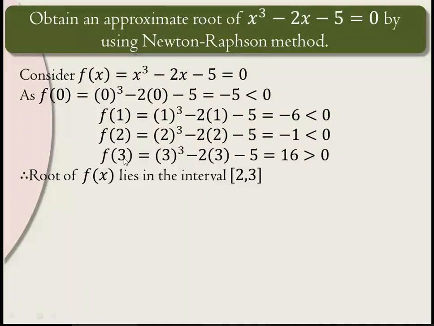Now take any value of x in between 2 and 3. You can take 2.1, 2.5, 2.9, 2.55, any value between 2 and 3. There is no restriction on choosing x0. Ultimately, it will reach the same root.